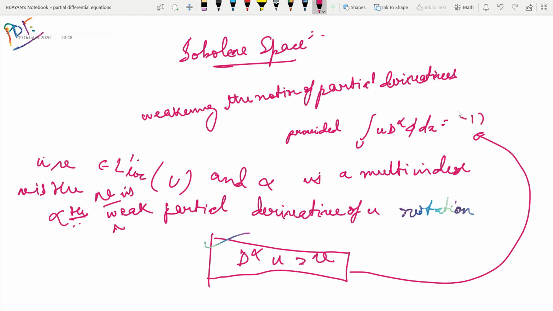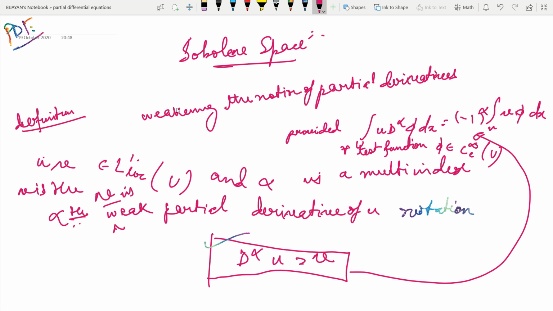So this is the definition of weak derivatives.